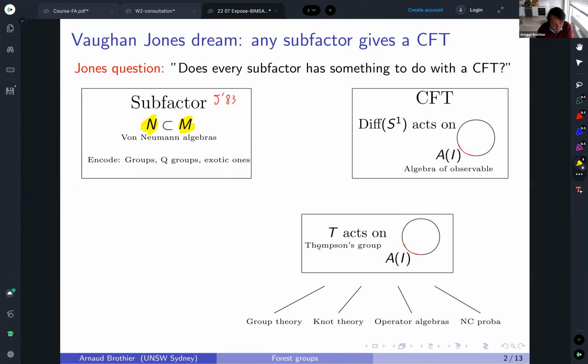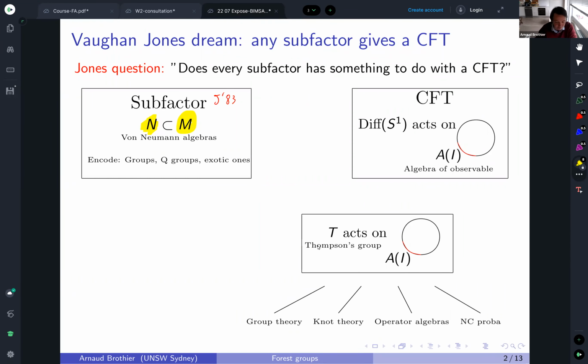In the theory of Jones, you don't really care about the factor itself, a single algebra, or not so much actually. What is really rich is to look at an inclusion, because the inclusion captures an extremely beautiful mathematical structure. It is more algebraic.